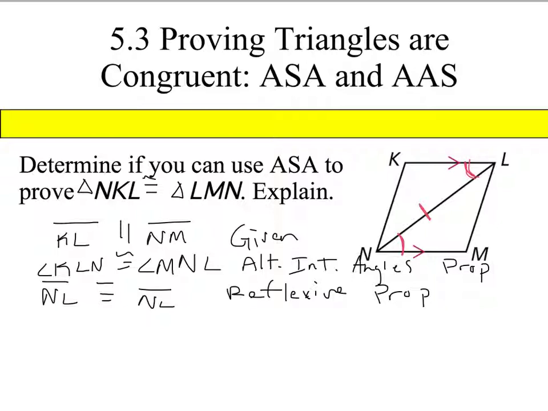I cannot prove that angle MLN would be congruent to angle KNL. That's impossible for me to know. In order for me to know that, I would need to know that NK would be parallel to LM. I am missing that piece of information in my given information. I do not know that.